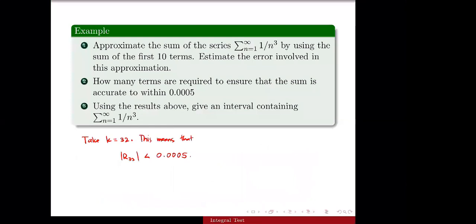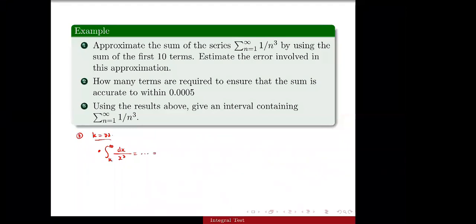So for number 3, we let k equals 32. So let us use this. Just try to write the details for this. You have this guy here. The integral from k up to infinity of dx over x cubed, we have seen this to be 1 over 2k squared.